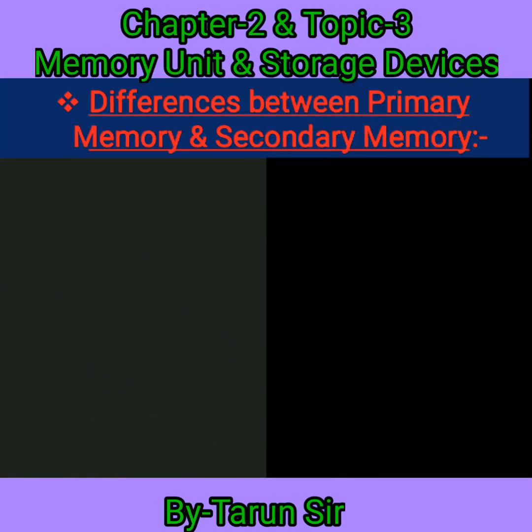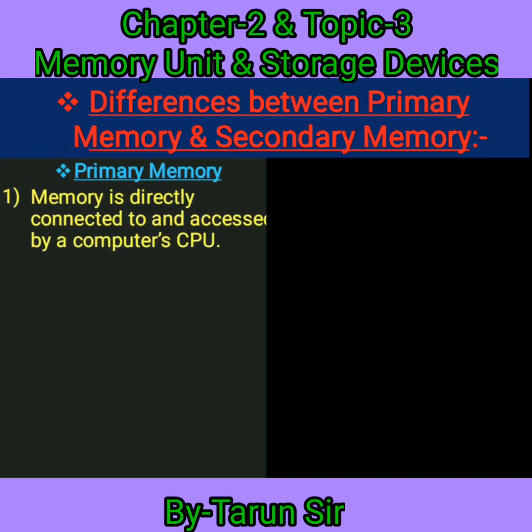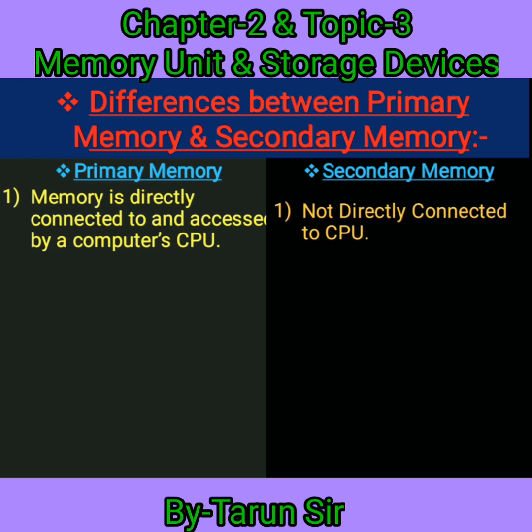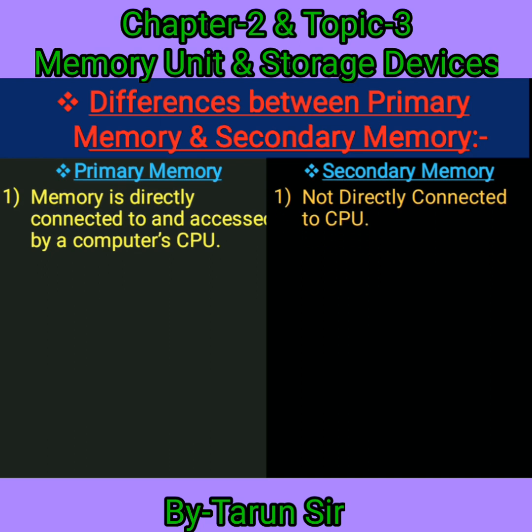Okay. The difference between primary memory and secondary memory. First, primary memory is directly connected to and accessed by the computer CPU. Secondary memory is not directly connected to the CPU.